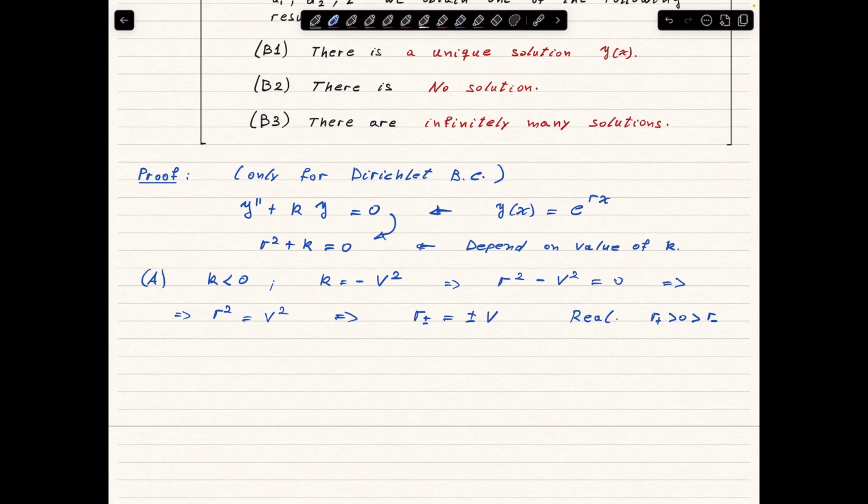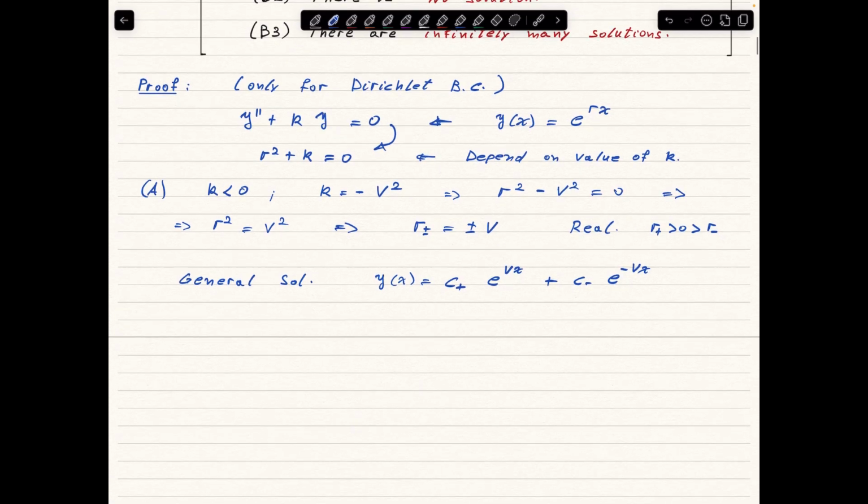Okay, what is our general solution? The general solution is the function y of x given by some constant c plus exponential vx plus c minus exponential negative vx. That's the general solution, and now we introduce the Dirichlet boundary conditions.